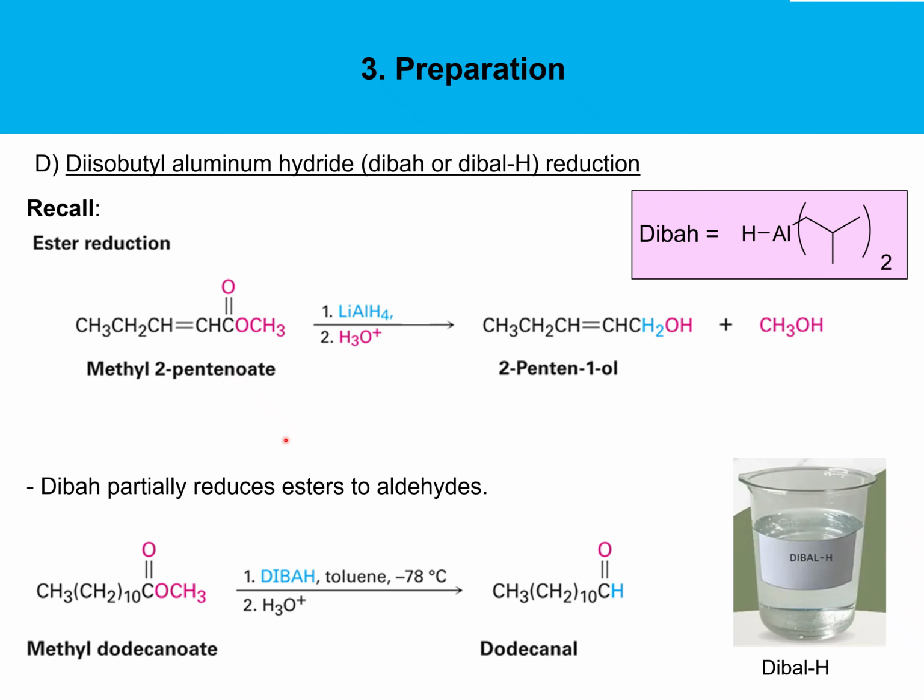We sometimes refer to this reagent as DIBAL or DIBAL-H. So this is a hydride reagent that is specialized to reduce esters into aldehydes. As we'll see in the next slide, the mechanism first starts with the DIBAL binding to the carbonyl oxygen.